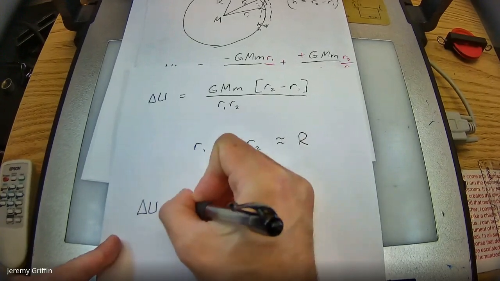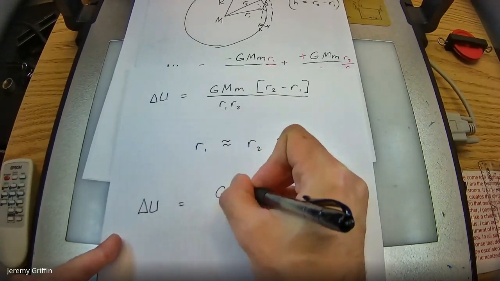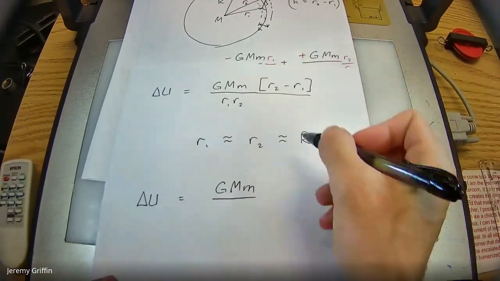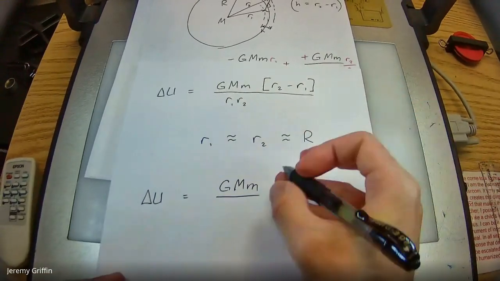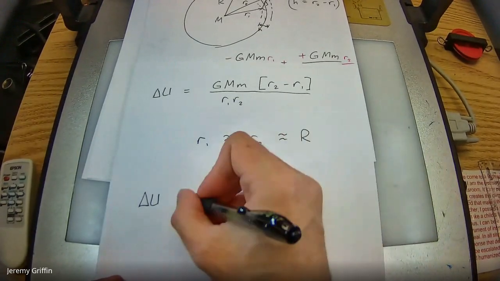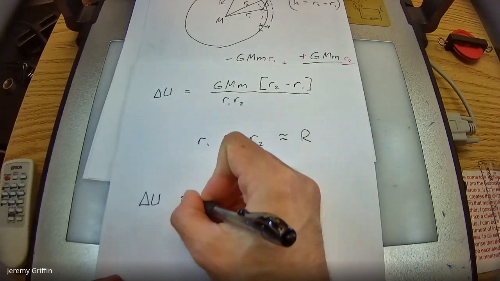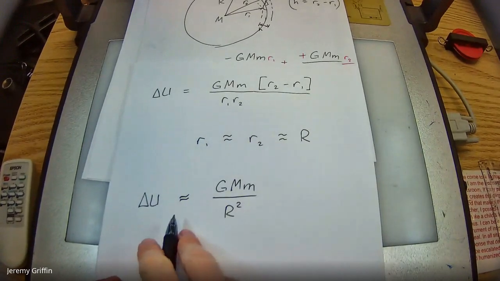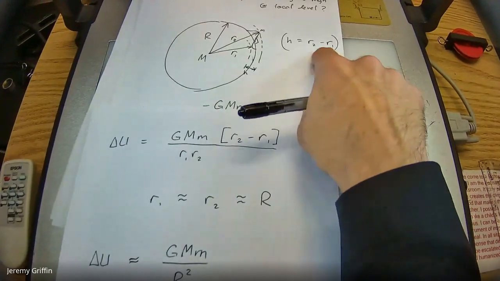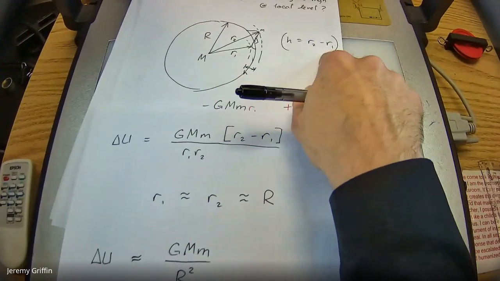So the change in potential energy is G M m, and the denominator ones are approximately the same as each other, approximately the same as the radial size of the planet. So R squared, approximately. And then R2 minus R1, that's just h, isn't it?